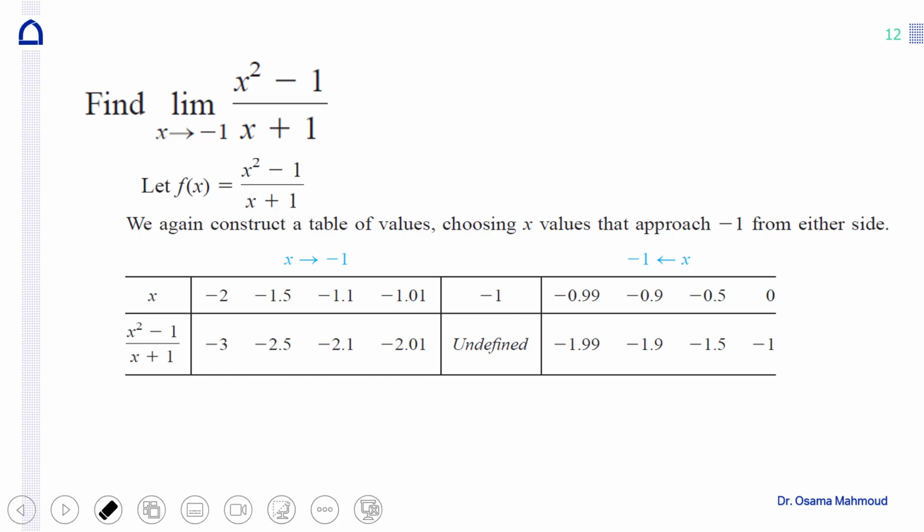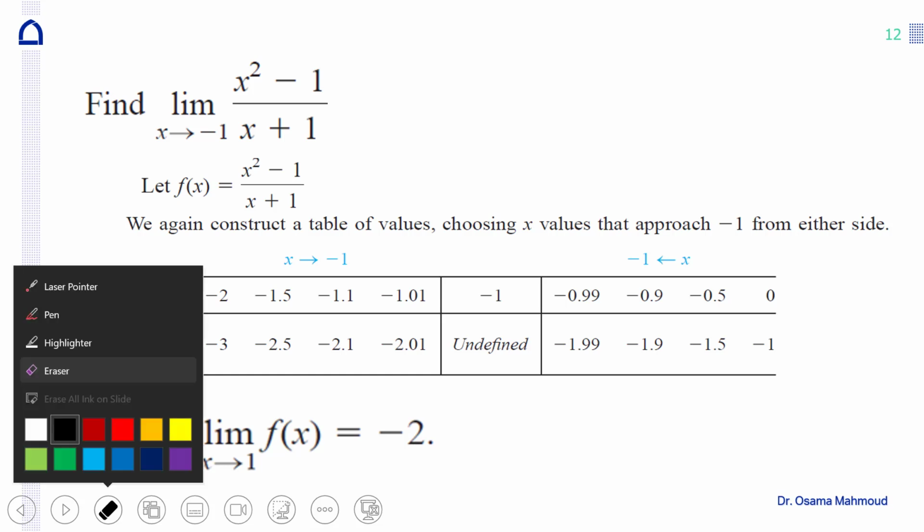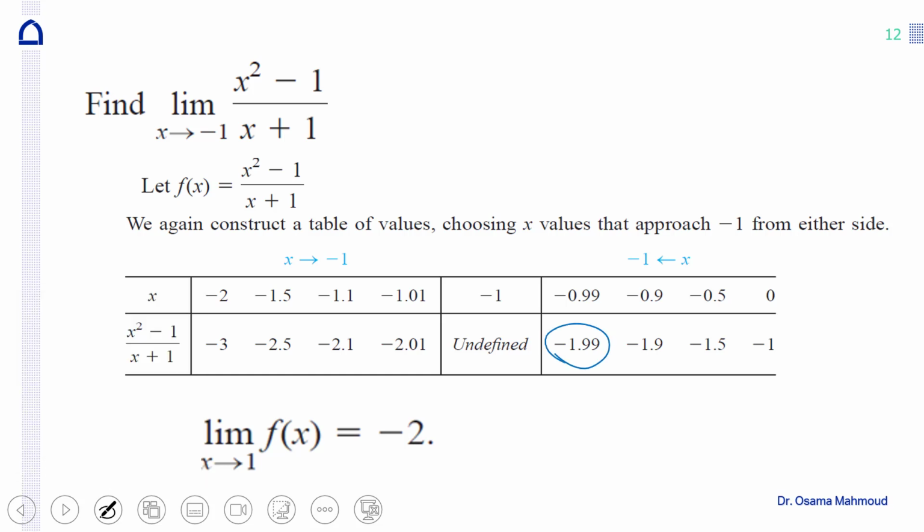But at minus 1, because the denominator here is 0, the function is undefined. But I don't care about the function at minus 1. I'm approaching minus 1 from the right and left. So I catch roughly here, yeah, minus 2. So the limit is minus 2. This is roughly minus 2, which is closer to this one, minus 2.